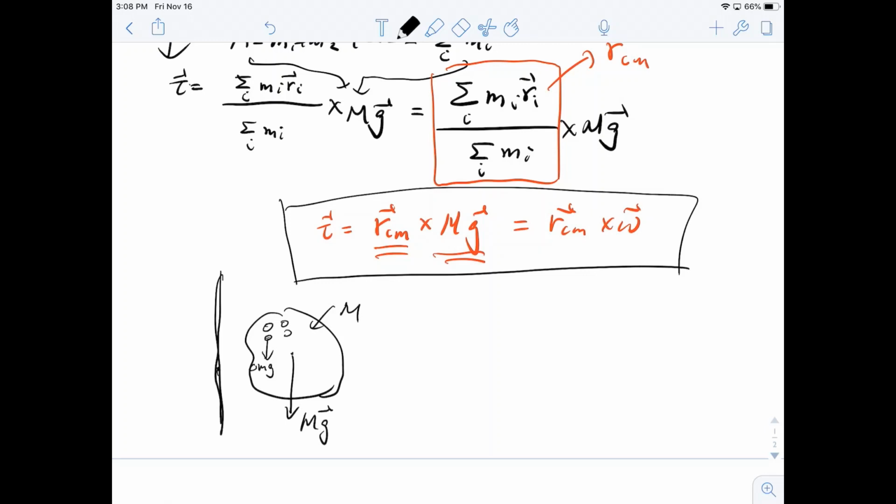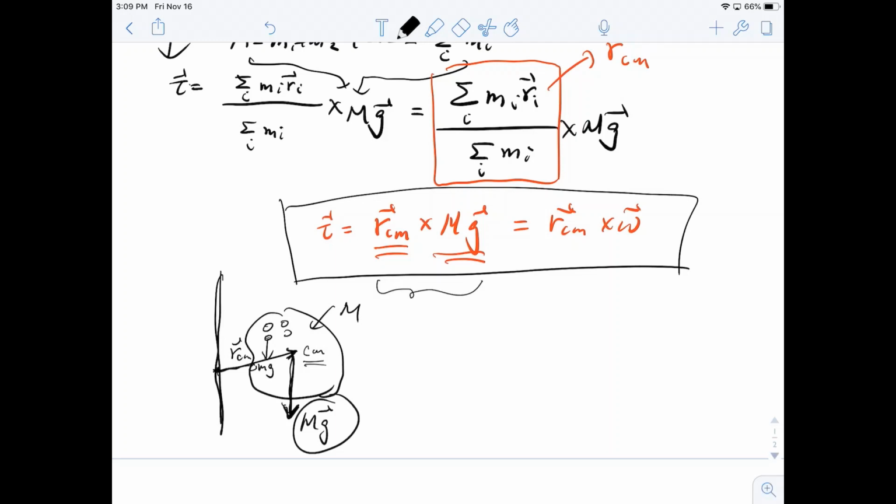The sum of all the torques together is equivalent to a lever arm, R_CM, from your axis to the center of mass position, cross product with the total gravitational force concentrated on the center of mass location. So this is basically a simplification.